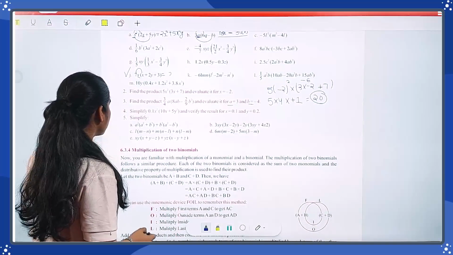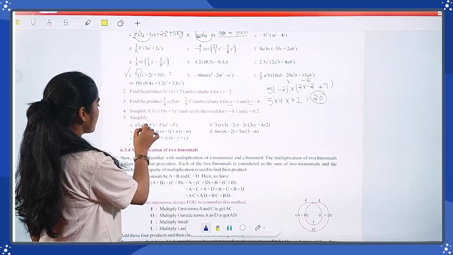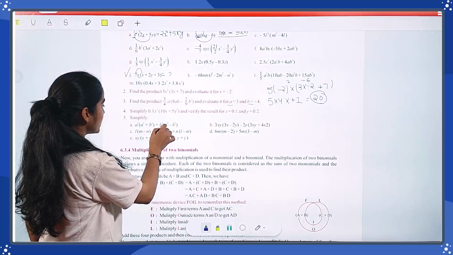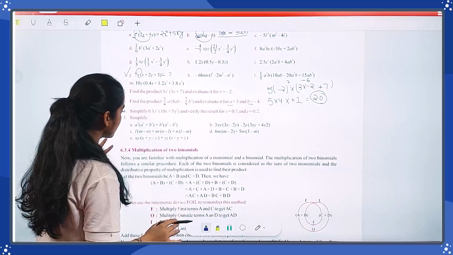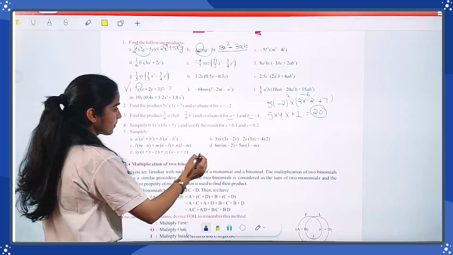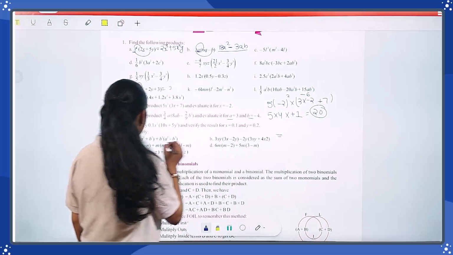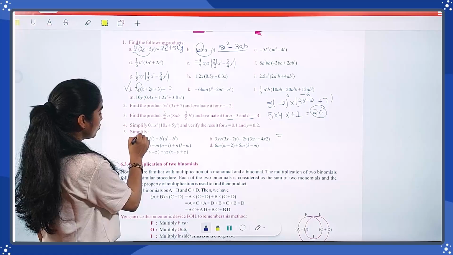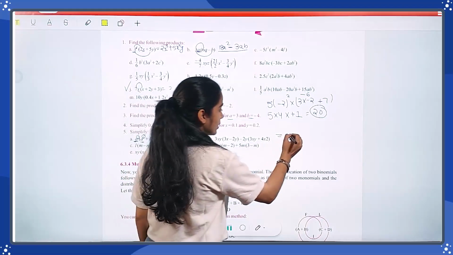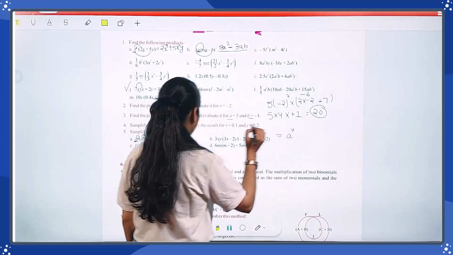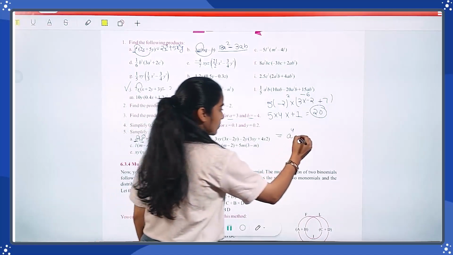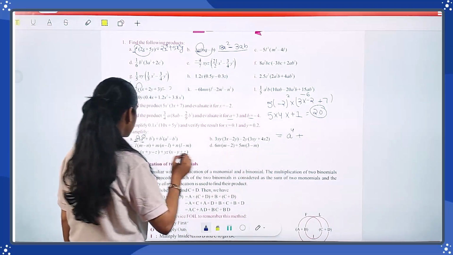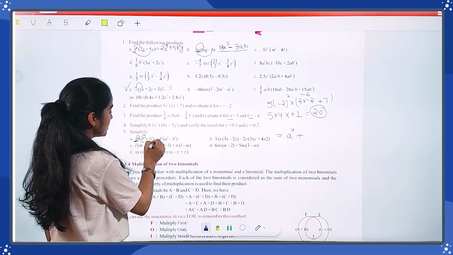Now simplify (A square plus B square)(A square minus B square). So don't be confused in this. First of all, A square and A square. So how many A we have? 2 plus 2, A raised to the power 4. Then we have plus sign. Just copy here. Then A square plus B square.